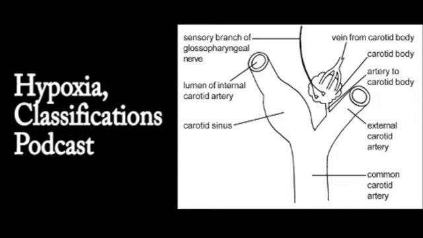The next classification to think about is stagnant hypoxia, and this is caused by relative stagnation of the circulatory system, where the blood is not circulating as it should to transport the oxygen. In congestive cardiac failure, for example, the blood is not circulating around the body as it's supposed to.